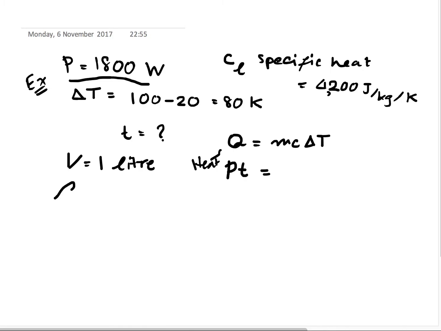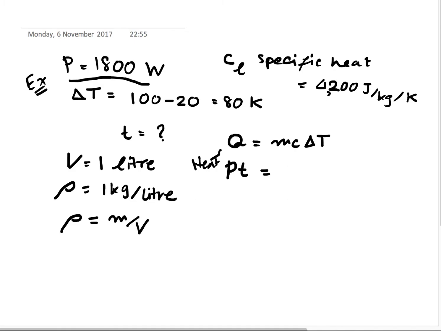So we know that the density of the water is 1 kilogram per liter. So this is the approximation. The density rho is the ratio between the mass and volume.